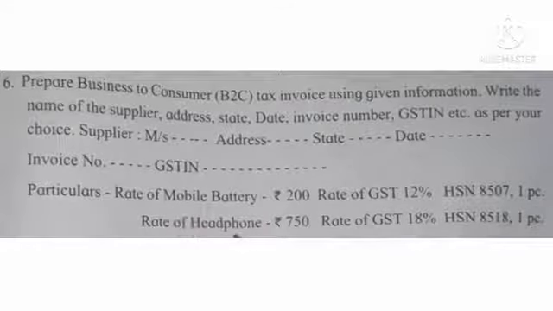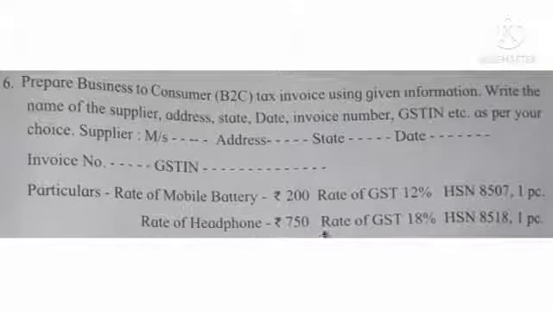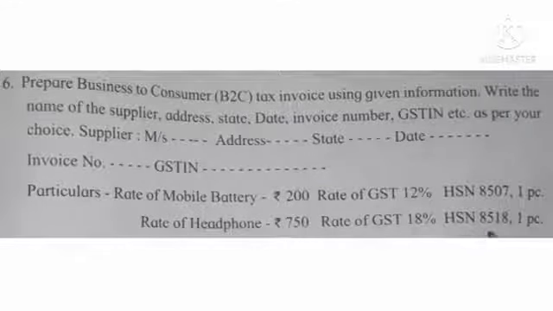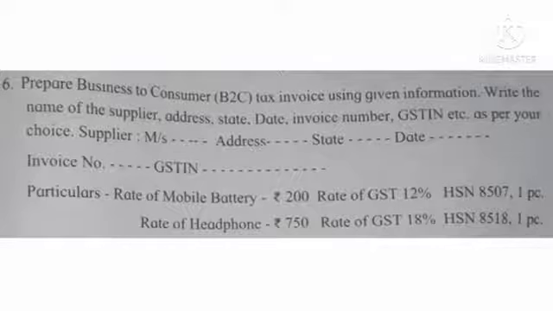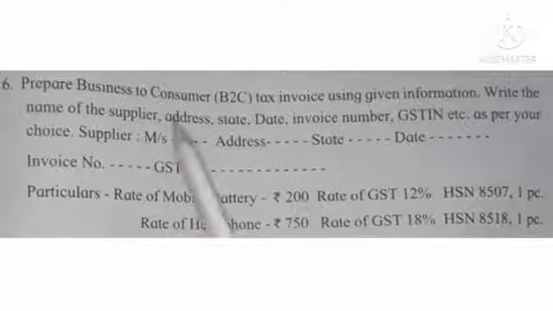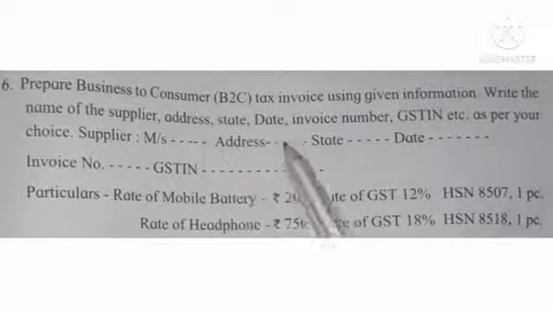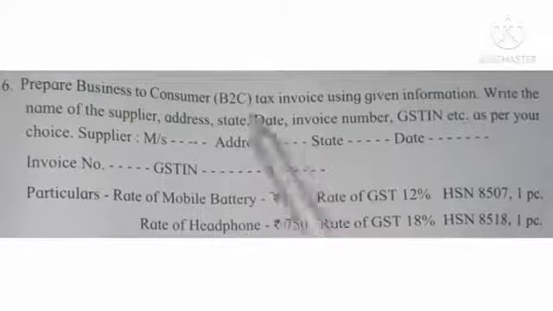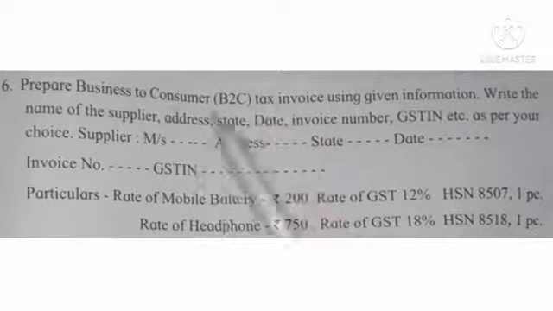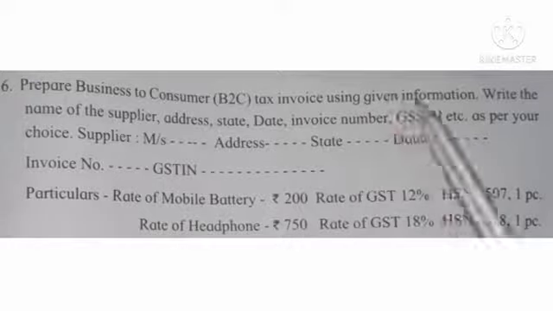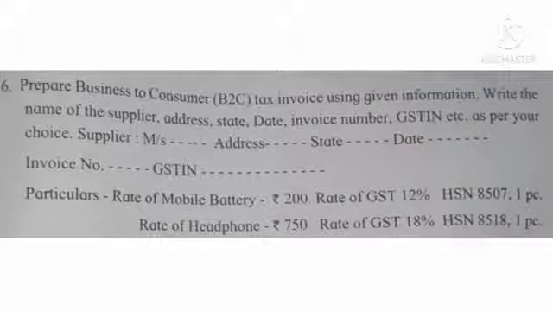Rate of headphone is rupees 750. Rate of GST is 18%. HSN code is 8518. One piece. So from this information we have to make a tax invoice using the given information.